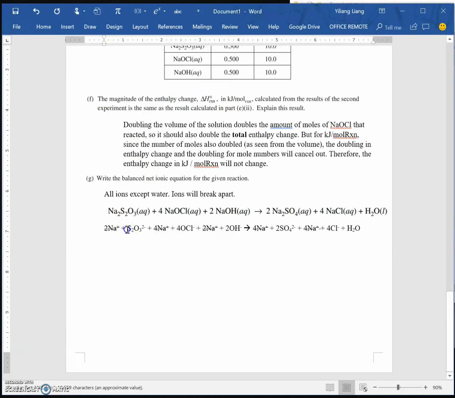So eventually we will get this. 2 SO4 2 minus, and 4 Cl minus and H2O. So this will be your ionic equation for this reaction.